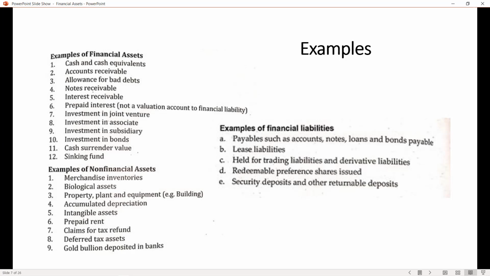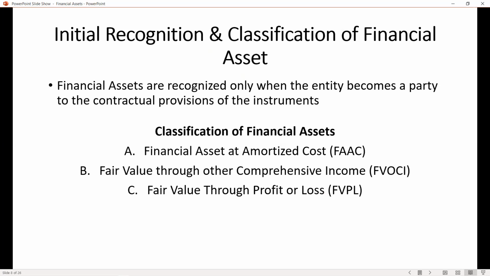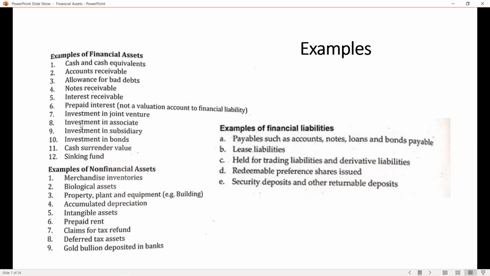Investment in subsidiary, rather, depends on whether it is a separate financial statement or a consolidated financial statement. There are a lot of classifications, but we will have a different discussion about these other investments.